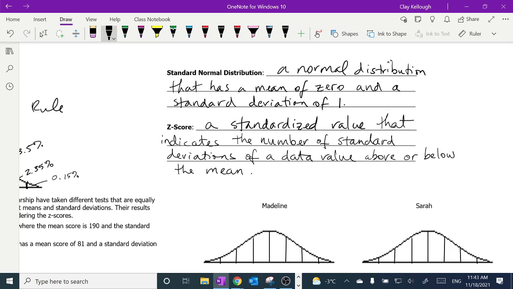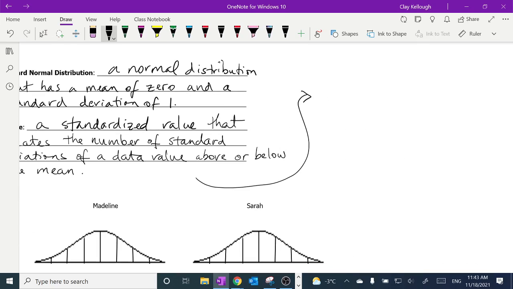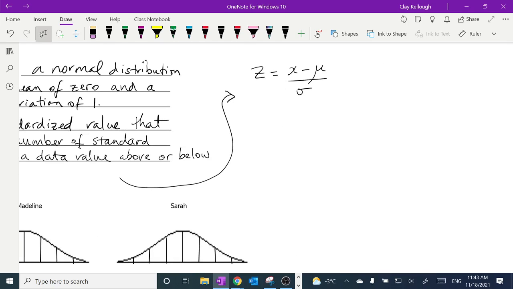The z-score is how many you have, and you have some room under these notes on your page, right? I organized my page here a little differently. So in the room you have below there, here's the formula for z-score. The z-score formula is z equals x minus mu over sigma, where again, z is the z-score.